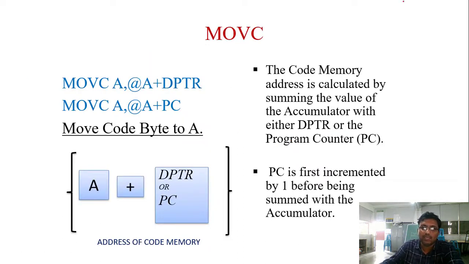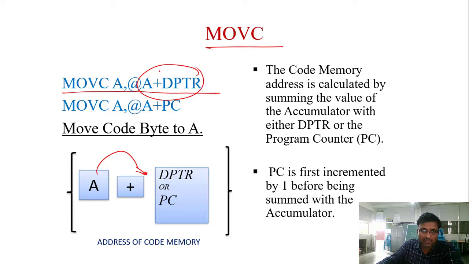So again, MOVC is to copy from the code memory. Instructions like this we can use: MOVC A, @A+DPTR. So @A+DPTR means it adds A with DPTR or PC, and whatever data is present at that particular memory location will be copied towards the accumulator. Here MOVC A, @A+PC you can use as well.